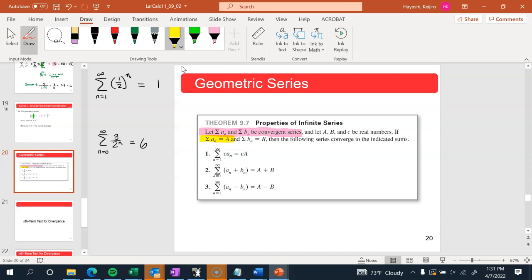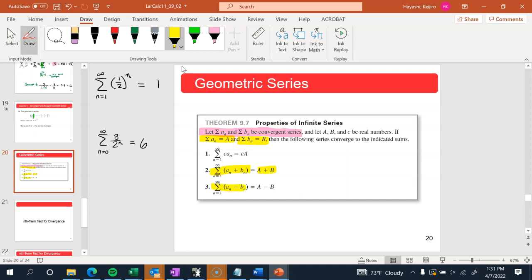If one convergent series equals a number A and a different convergent series equals a number B, then making up a series out of the two series added together, that's going to equal their sums added together.